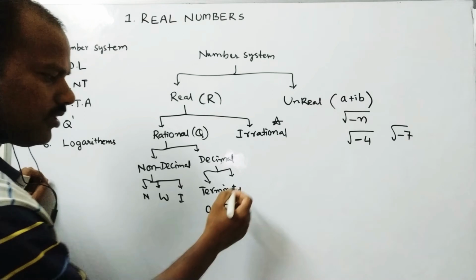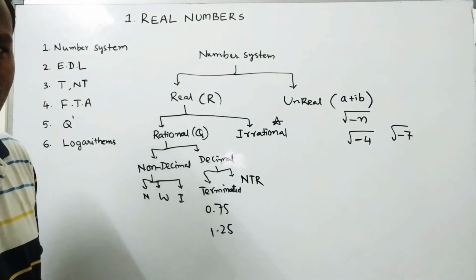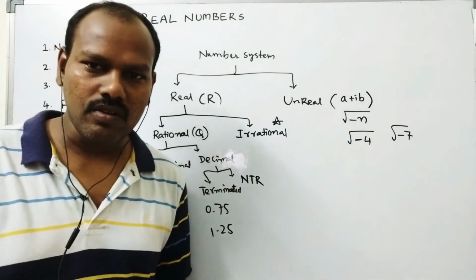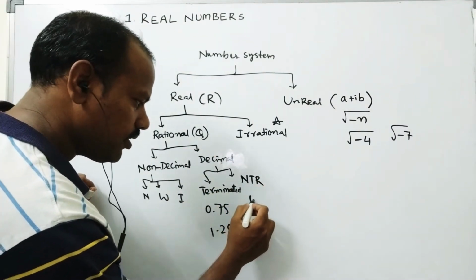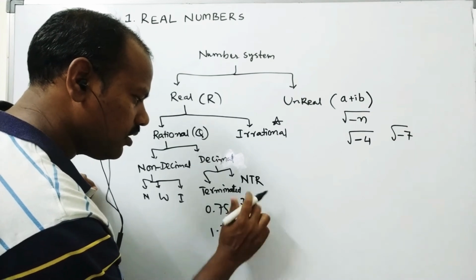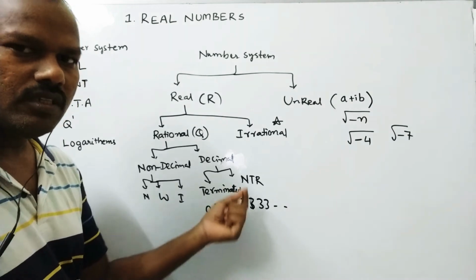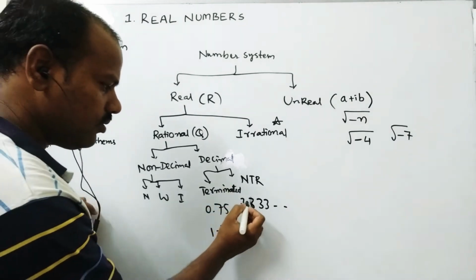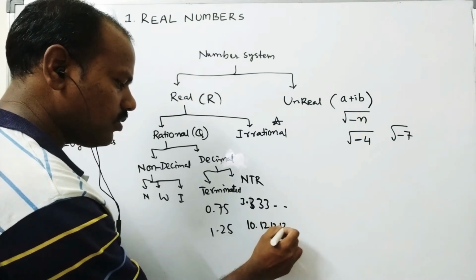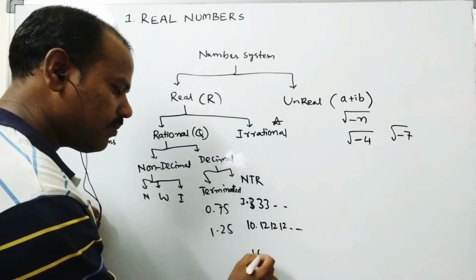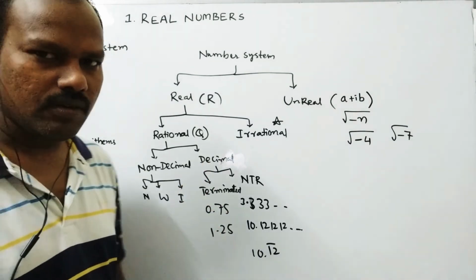Non-terminating means no end at all, and recurring means repeating. For example, 3.33333 and so on: there is no end, and 3 is repeating here. Another example, 10.121212 and so on, which can be written as 10.12 with a bar. These are called non-terminating recurring.